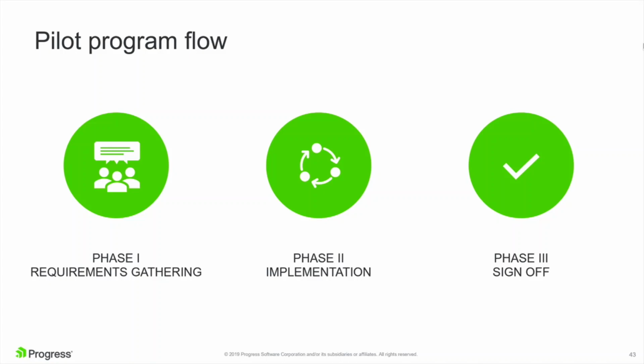Then we will jump into the implementation phase. This is where we'll work side by side with you to help you implement the best scenarios that you agreed on during the requirements gathering phase. And finally, we will have some meetings dedicated to product feedback and planning next steps. Let's take a look at each of the steps in more detail.